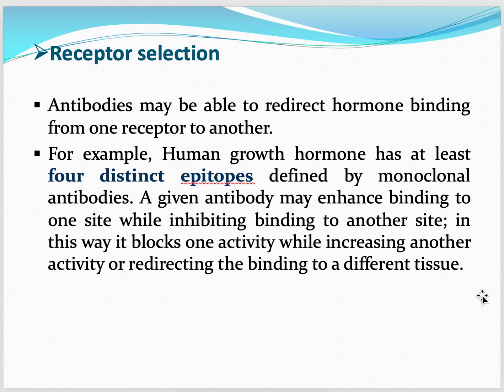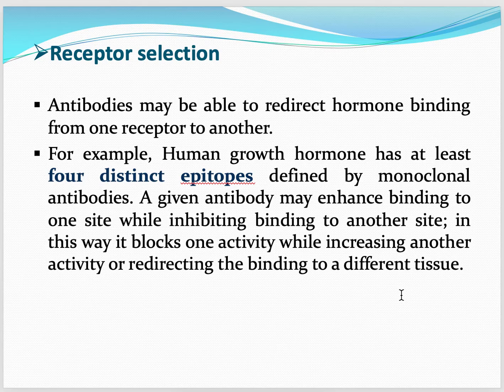A given antibody may enhance binding to one site while inhibiting binding to another site. In this way it blocks one activity while increasing another activity, or redirects the binding to a different site. So for example, the human growth hormone has four distinct epitopes, and these four epitopes may have four different functions.